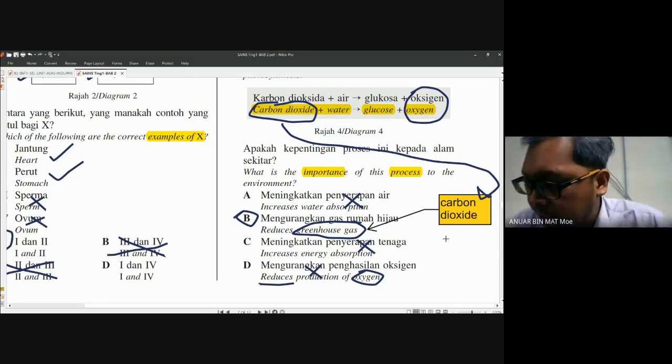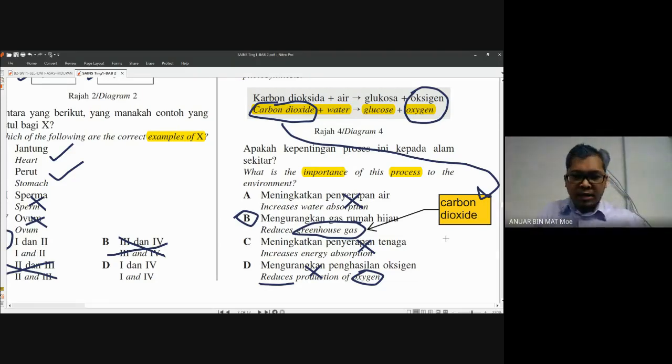Please remember, class. Why do they call it greenhouse gases? Because if the amount of a gas, for example carbon dioxide, increases, it will trap the heat from the sunlight, and then we will feel hot. Kita akan rasa panas. We call it global warming.